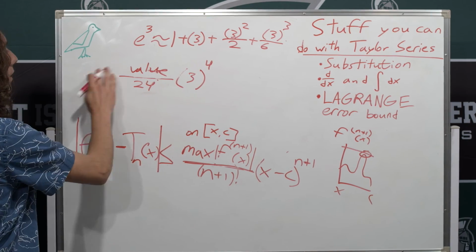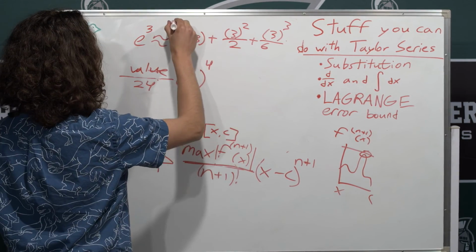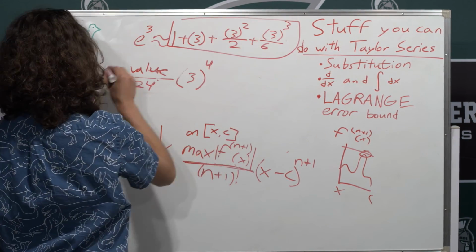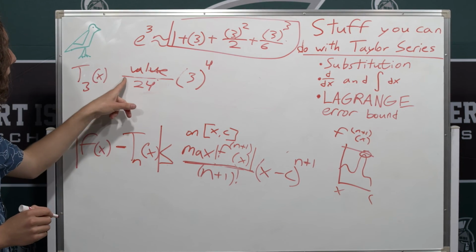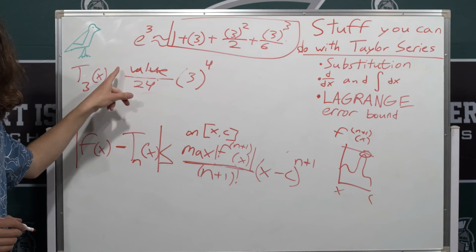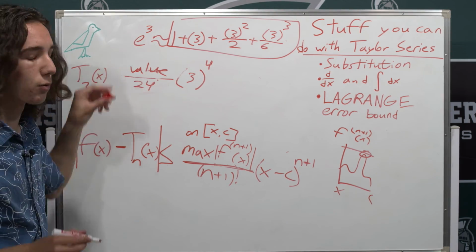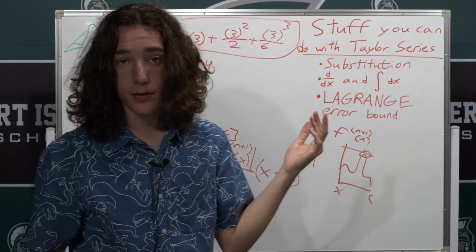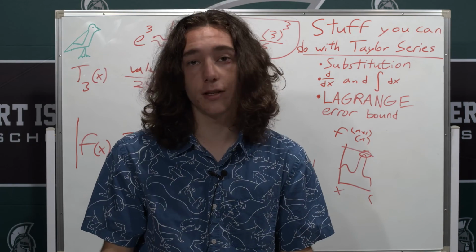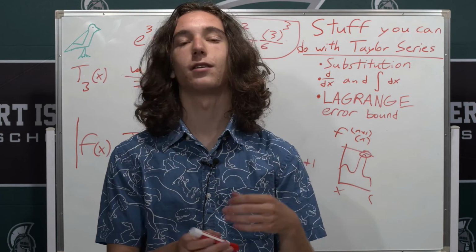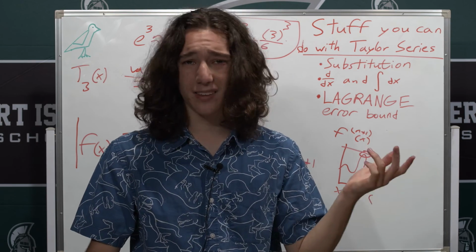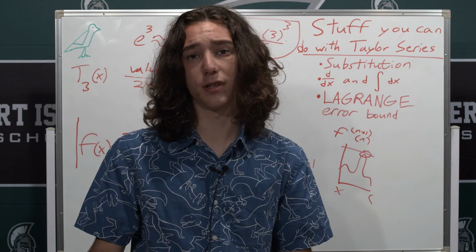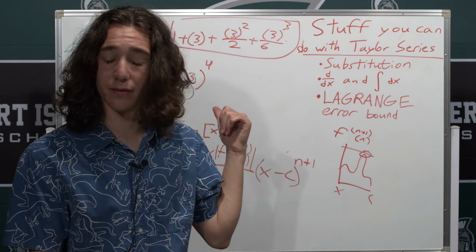And then you could say that I know that this Taylor series that I've come up with, which is T sub 3 of x, is at least this close to our real answer. And I think that's really cool. It's the only reason that Taylor series are useful, because we can know how close our approximations are. And it'll come up once or twice on the AP test, which is the only time that you'll actually have to plug values into this.